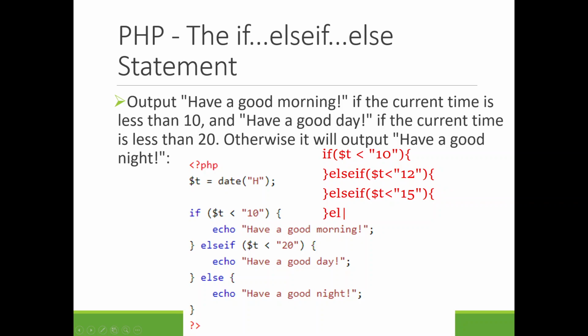We can do another else if t is less than 20. But finally, we must end with a final else.